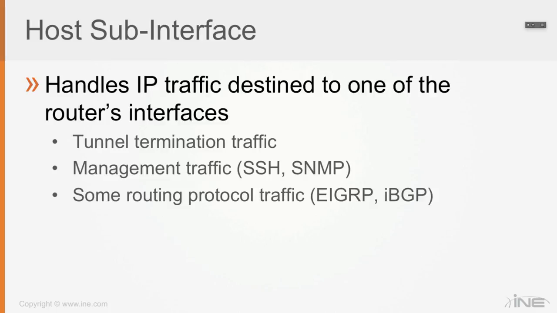And partially it's going to cover some routing protocol traffic. EIGRP and iBGP are well known to fall under this host sub-interface. So by the name, it's going to be control plane or management plane traffic destined to the host, to the router itself.